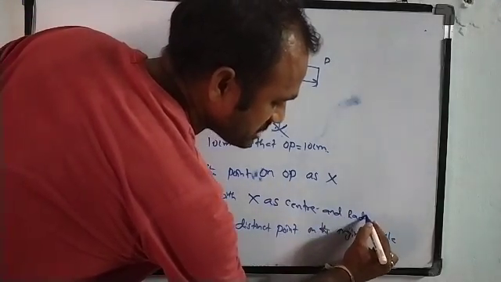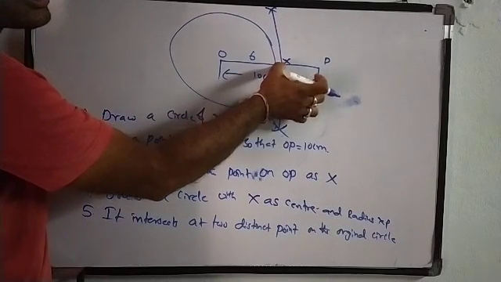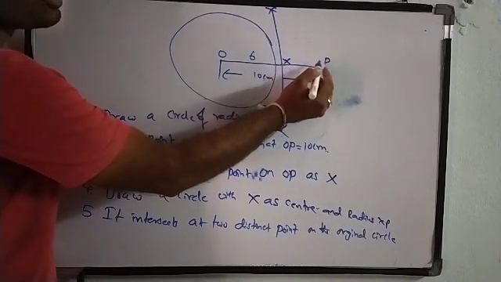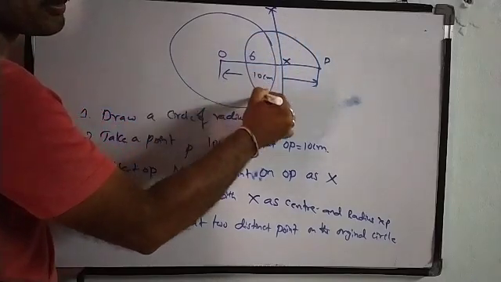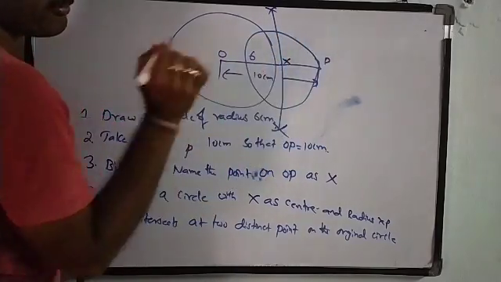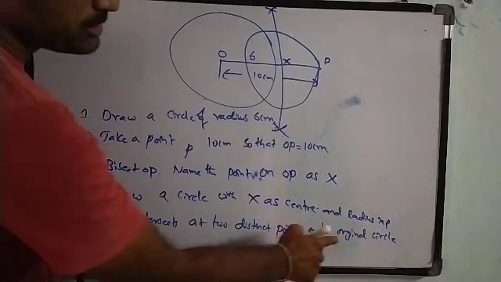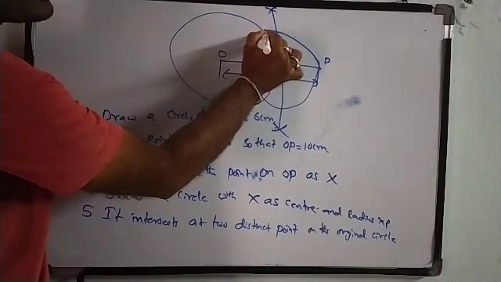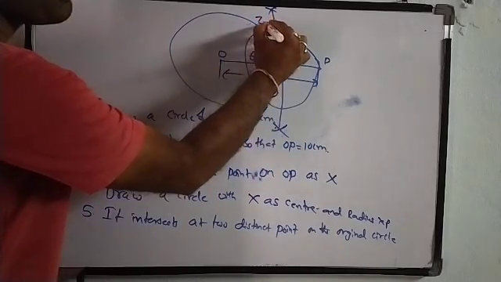Make sure that from center X, we take this as radius and draw a circle. It intersects the original circle at two distinct points. See here, it is intersecting at two distinct points. Name these points as Y and Z.